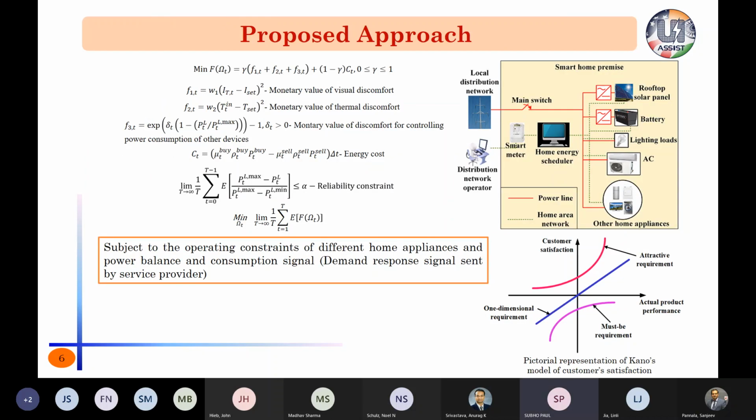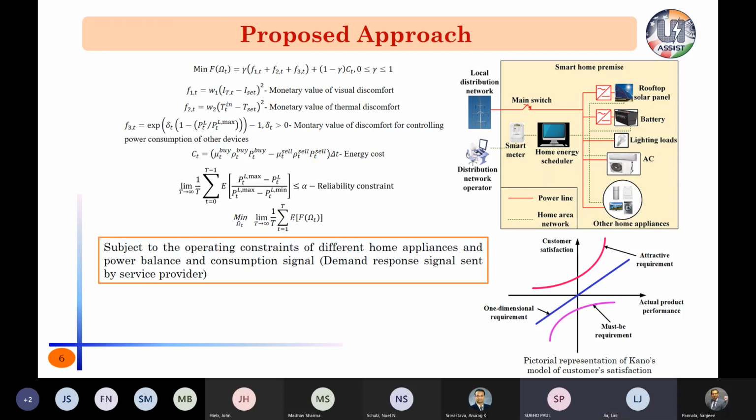So this is the proposed approach, where three types of discomfort or dissatisfaction cost have been considered. The first one is the visual discomfort, to control the sum of the lighting loads in the home. The second one is the thermal discomfort, to control indoor temperatures by controlling the power consumption of air conditioners.